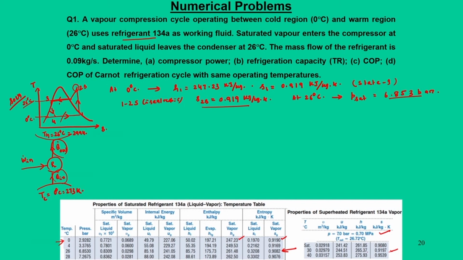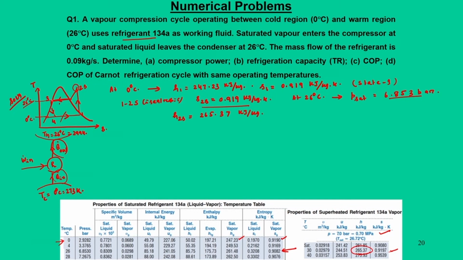This gives the enthalpy, so H2s is equal to 265.37 kilojoule per kg.